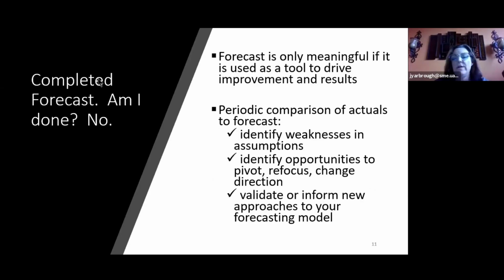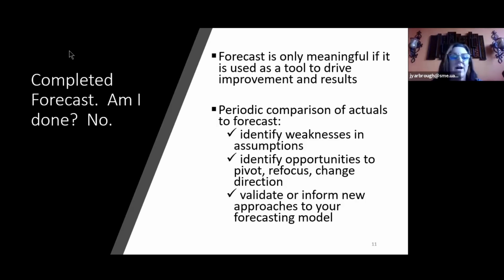Okay, so now that we've got our forecast done, Yahoo, we're done. Well, actually, not really, because it's only going to be a worthwhile exercise, and only going to be meaningful, if you actually use it as a tool to drive your improvement and results. So the best practice in making a forecast useful is to do a periodic comparison of your actuals to the forecast.